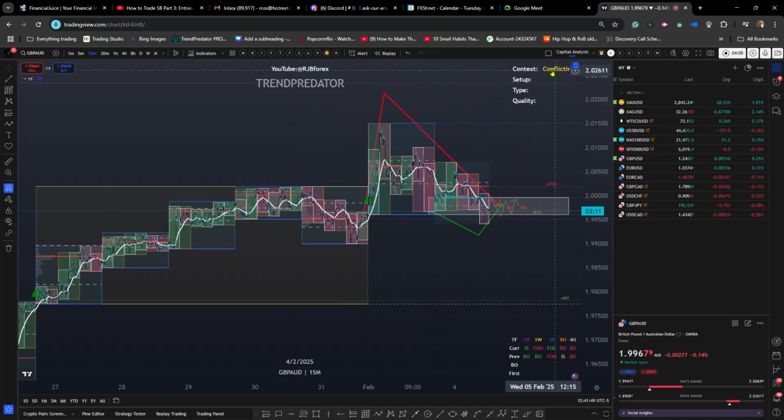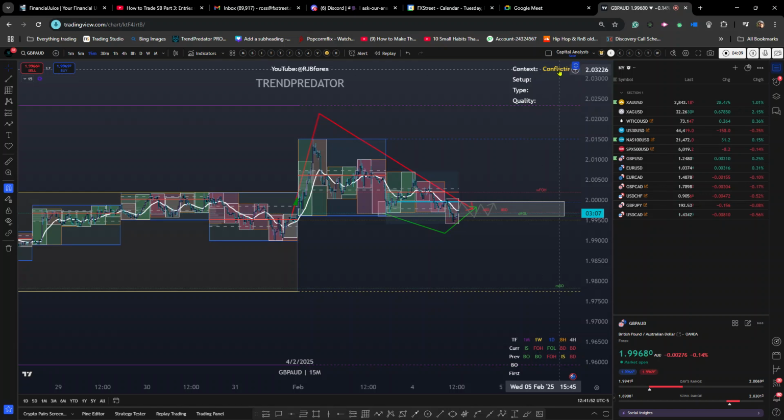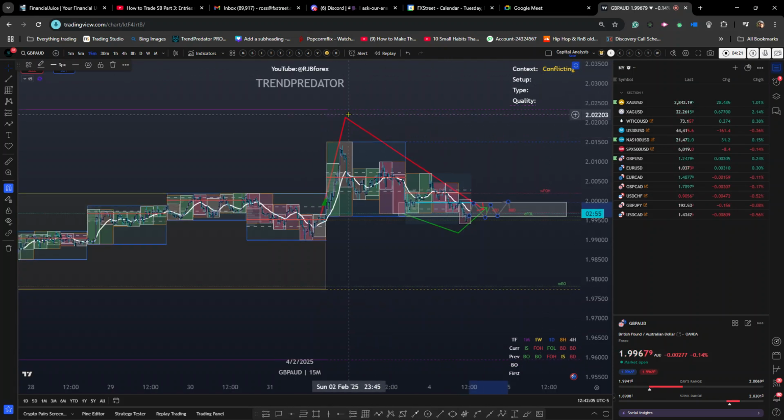Okay, so that's the Trend Predator indicator telling us that it's conflicting. In other words, go away and look at a different currency asset pair to trade that is giving you a better engineered chart for a higher probability trade setup. At the moment, Sterling Oz, there is nothing to do.